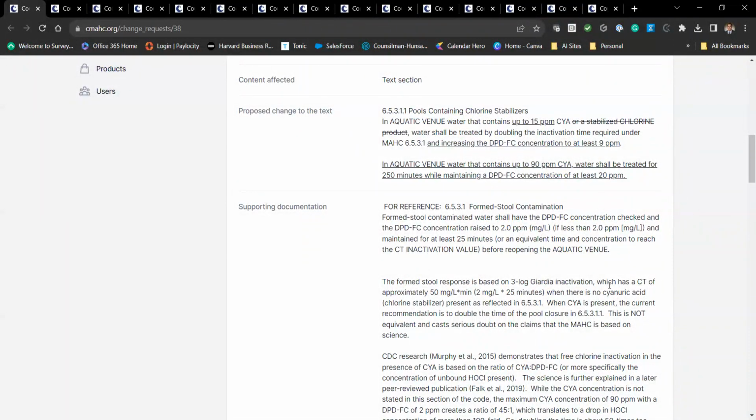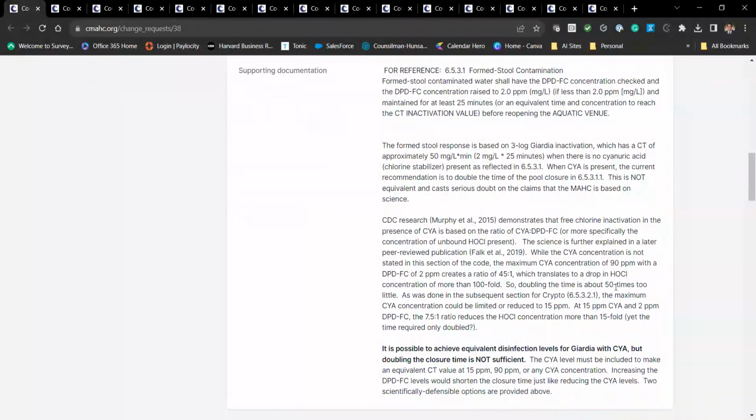And so when you just factor in the cyanuric bound, and this is exactly what the CDC did on the crypto stuff. So I'm just extending that concept to here. So if you have 90 parts per million, it may lower the concentration of free available chlorine such that you need a longer time and a higher concentration. And so there's nothing magical here.